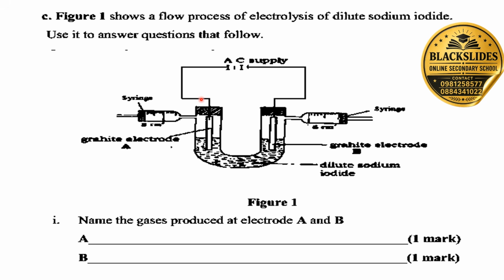This end is connected to a graphite electrode marked A. And then we have a syringe connected at that end, and the negative end is connected to a graphite electrode marked B. And we have a solution of sodium iodide here.